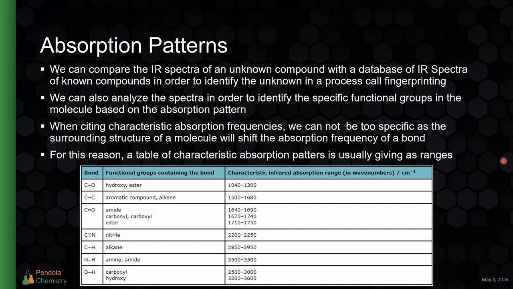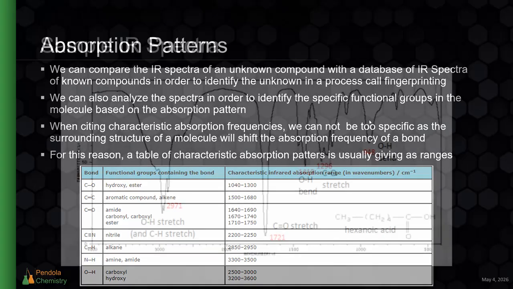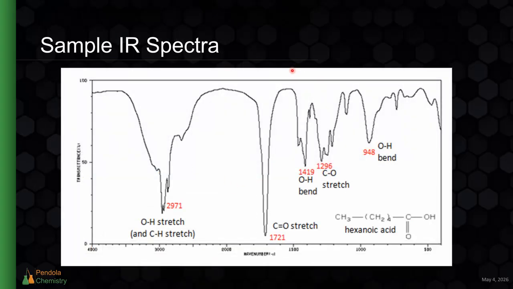So what exactly does an IR spectrum look like? Let's look at an IR spectrum here. This is the IR spectrum of hexanoic acid. In this spectrum, we see that we have a lot of different dips. One of the things that you're looking for is this baseline, so we're ignoring anything up here.